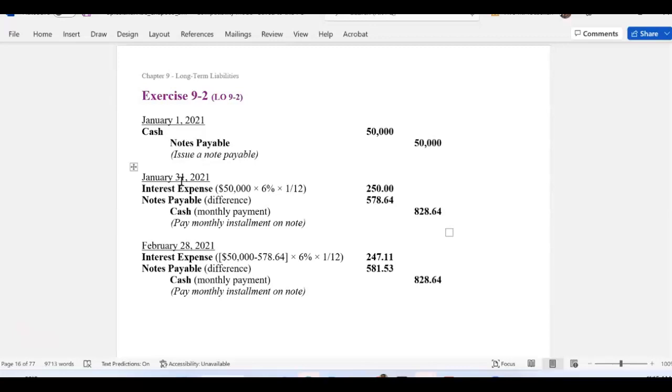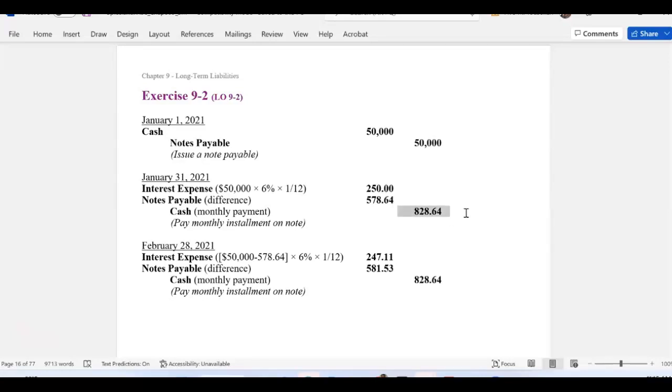So in 30 days, you have 1 out of 12 months of interest to recognize. The interest is 6% and the principal is $50,000. So the first interest expense that you need to recognize is based on the $50,000 principal: 6% interest times 1 out of 12, that's $250.